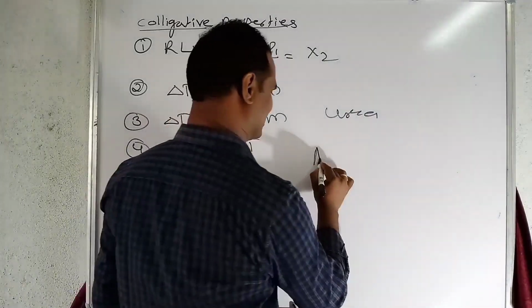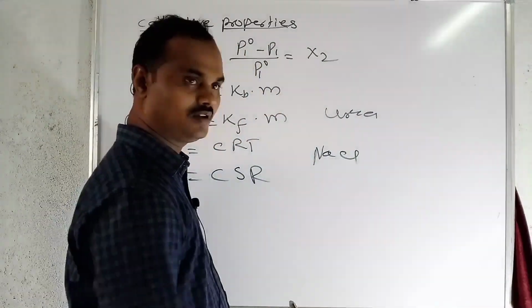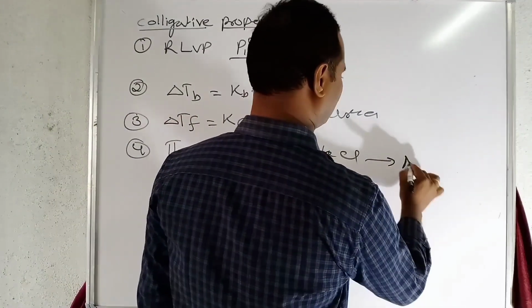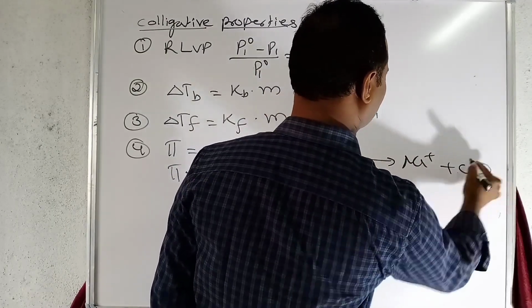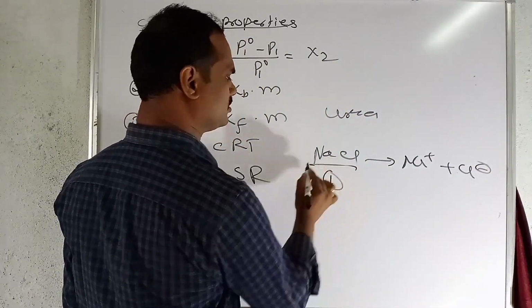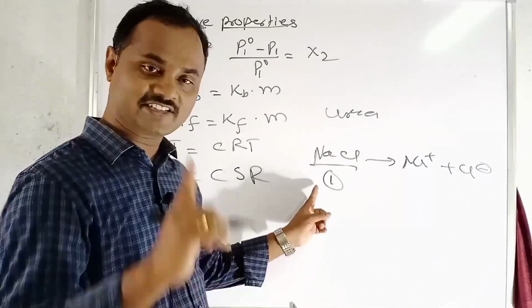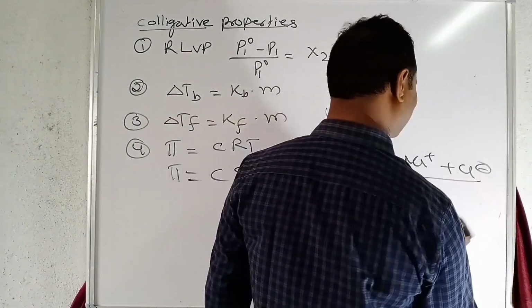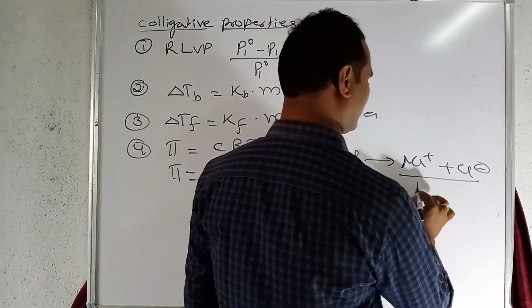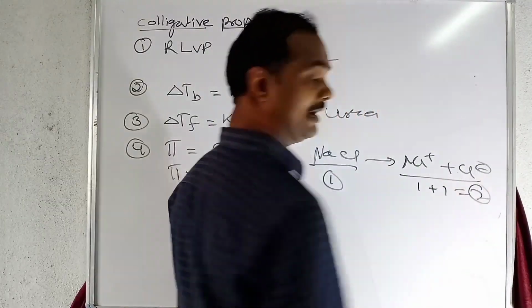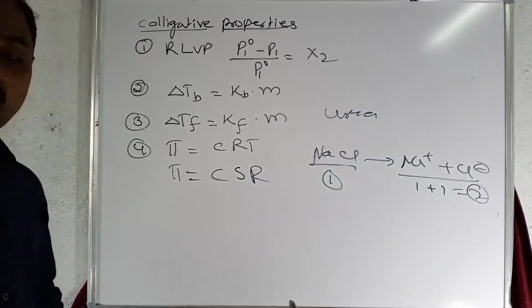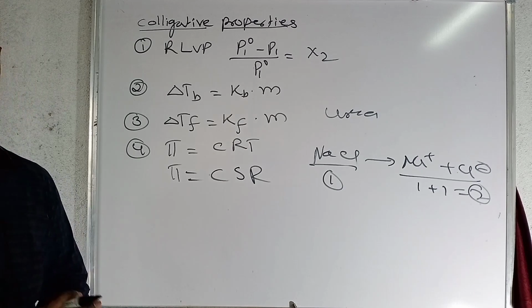But NaCl, when dissolved in water, gives Na plus and Cl minus. Before dissolving, the particle number is 1 only. After dissolving in water, the number of particles is 1 plus 1, that is 2. The number of particles changes, so the colligative property value also changes.